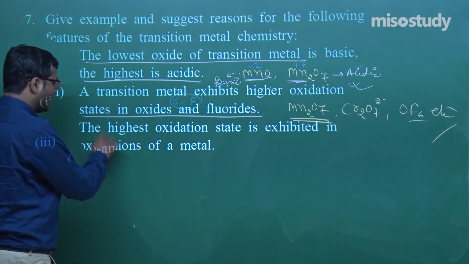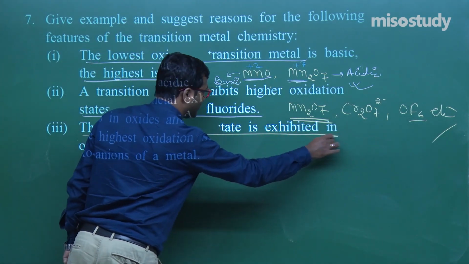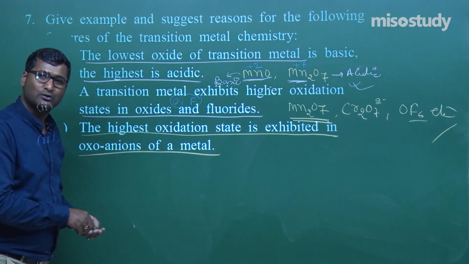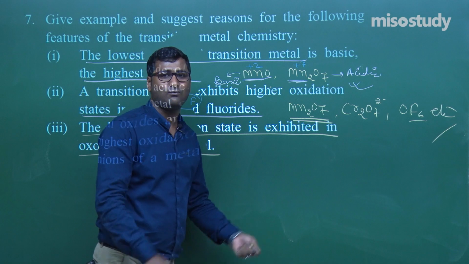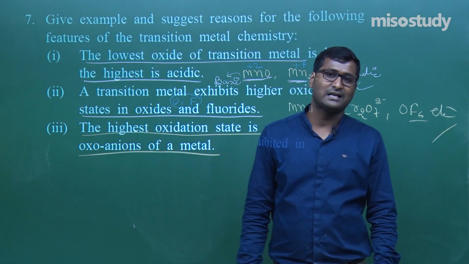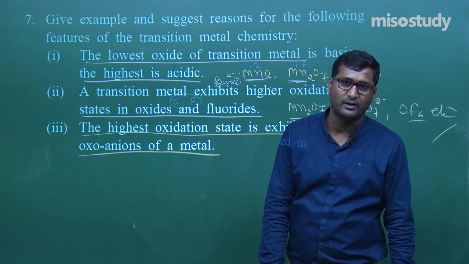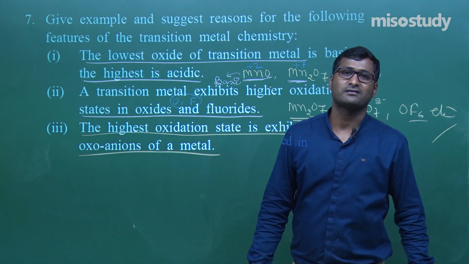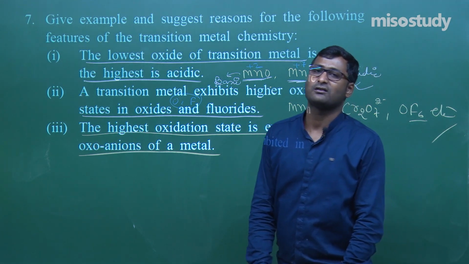Now the next one is, the highest oxidation state is exhibited in oxoanions. Oxoanion, that means to say, is very simple. That is again the involvement of oxygen, and oxygen has a small size and a high electronegativity. It oxidizes the metal to its higher oxidation state.